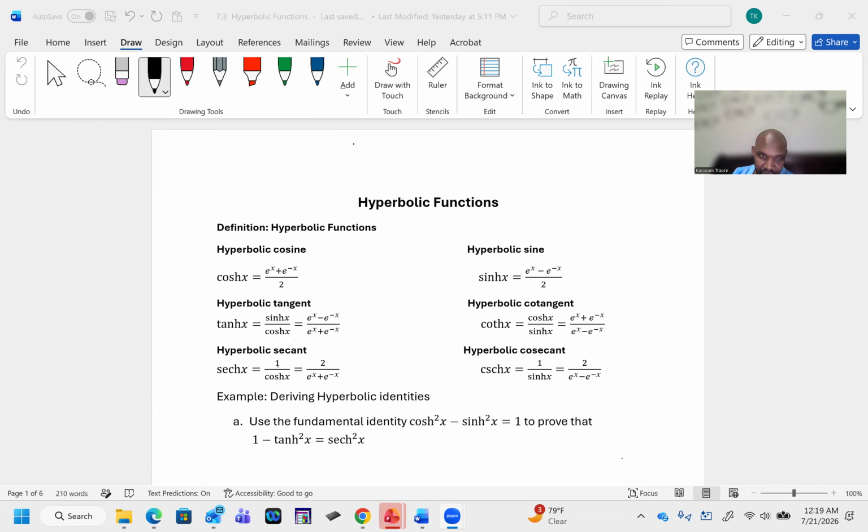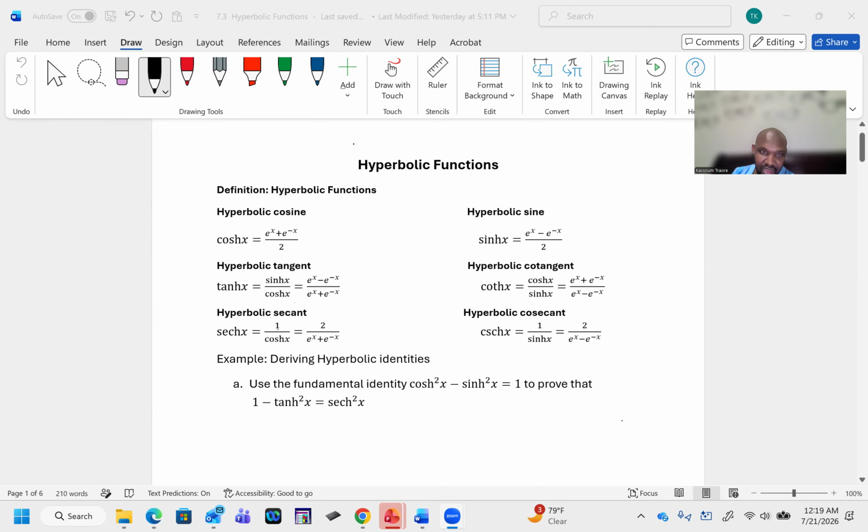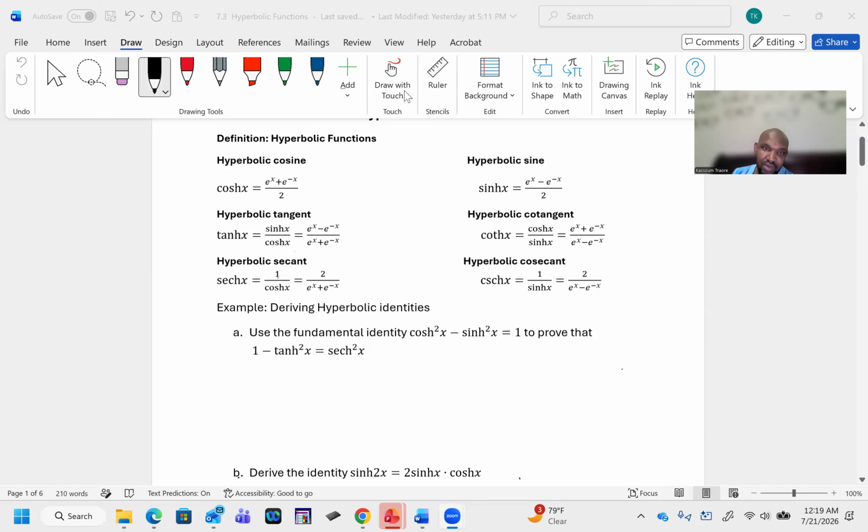So we are asked to derive a hyperbolic identity. Use the fundamental identity, hyperbolic cosine square of x minus hyperbolic sine square of x is equal to 1, to prove that 1 minus hyperbolic tangent square of x is equal to hyperbolic secant square of x.